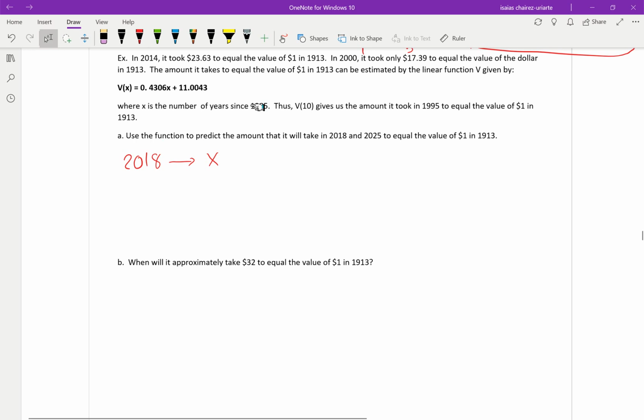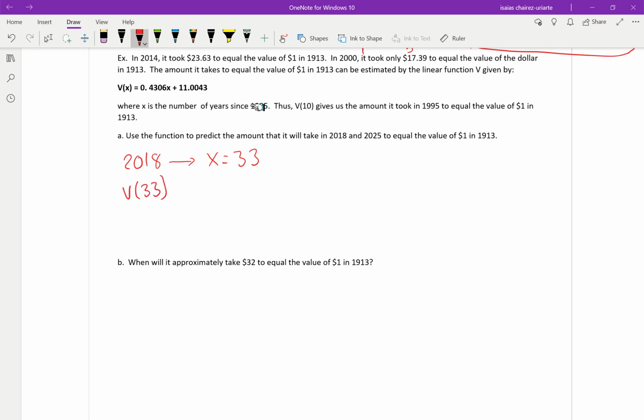I guess what we could do is just 2018 minus 1985. That's 33 years. So x equals 33. Because 1995, that's 10 years. 2005, that's 20 years. 2015, that's 30 years. And then another 3, so 33. So right now what we gotta do is say v of 33.